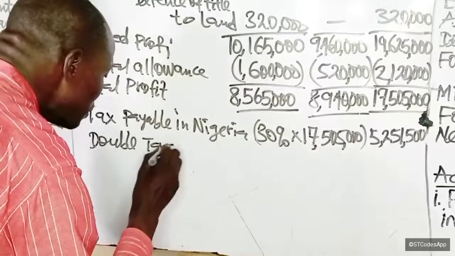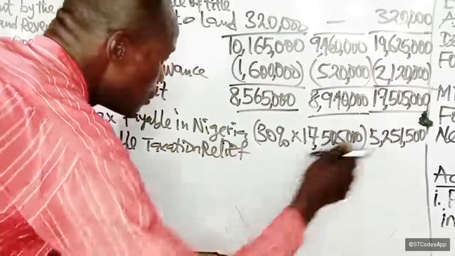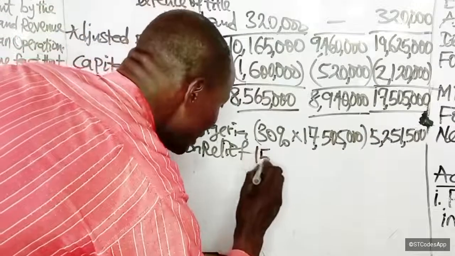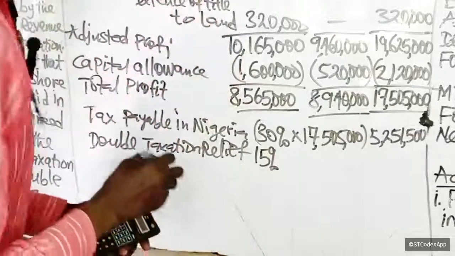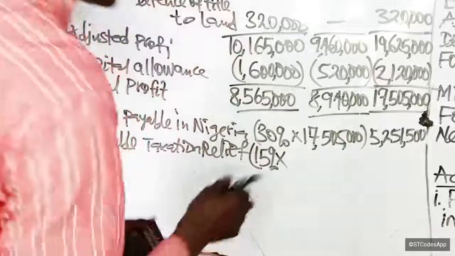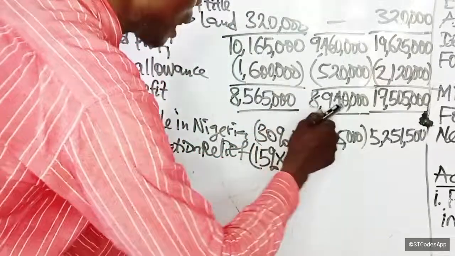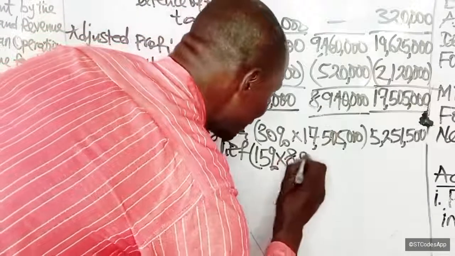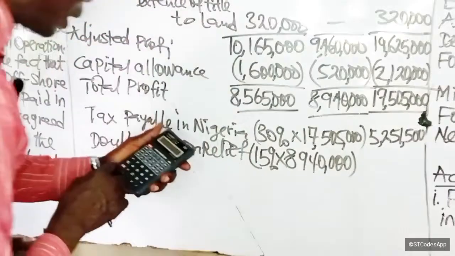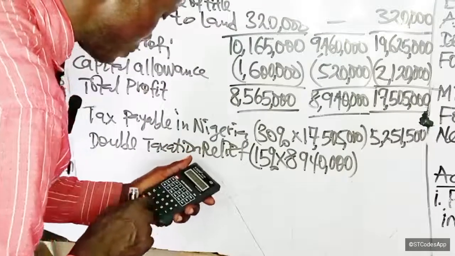So double taxation relief. What will be the relief you can claim on this tax? I will say the relief rate is 15%. Since 15% is lower, we say 15% will be used as our relief rate times the total income in Ghana, which is 8,940,000. What is 15% of 8,940,000?